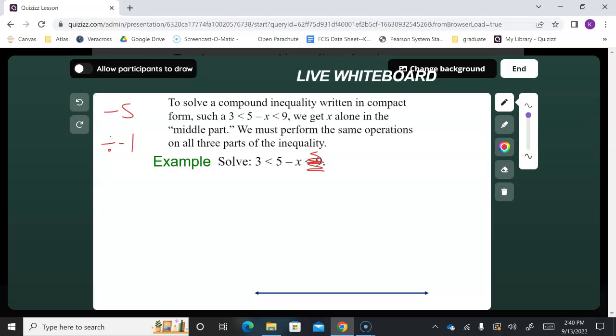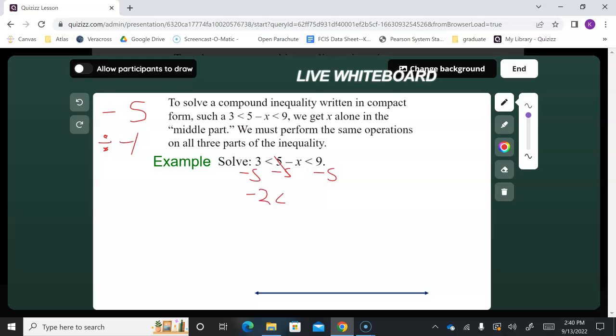Those are the two steps I would use to get x by itself on this inequality. We're going to do those same two steps, but with all 3 parts of the inequality. Subtract 5 to get it out of the middle, but I'm also going to subtract 5 on the left and the right. All 3 parts.